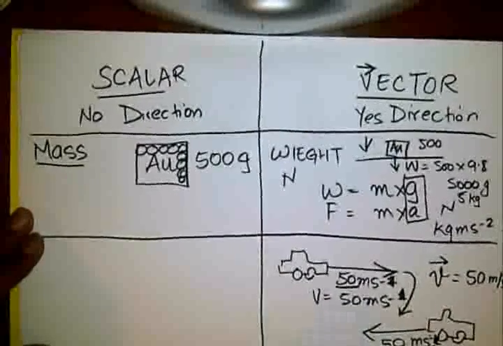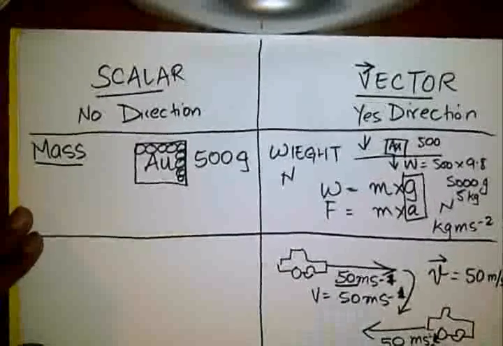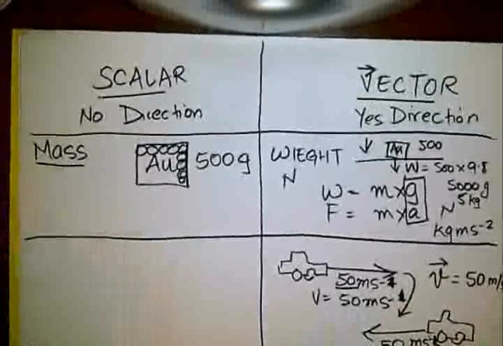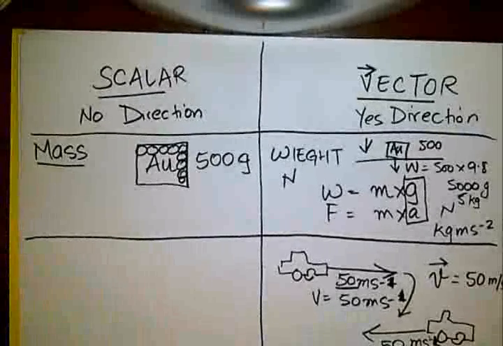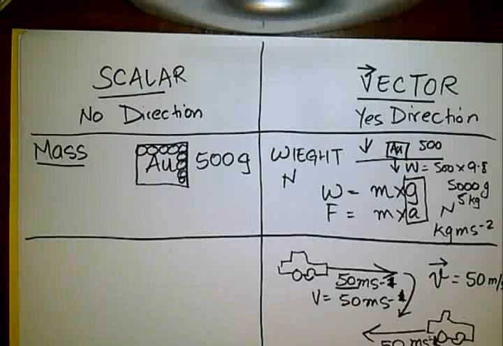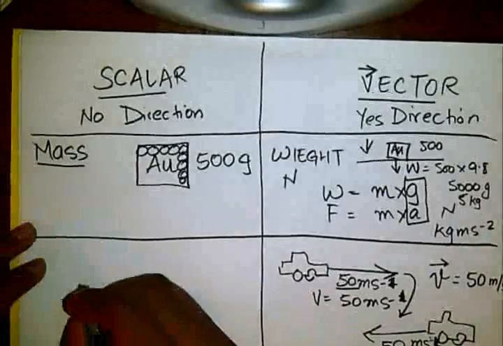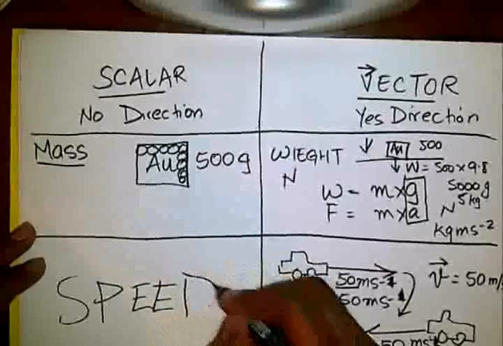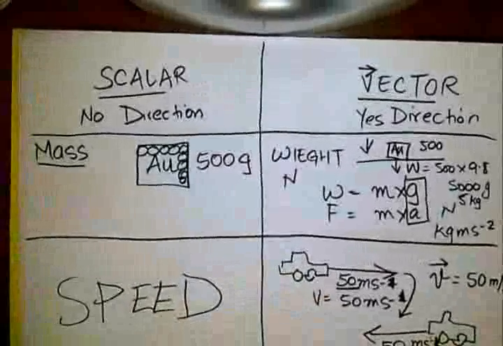Acceleration is also a vector. So acceleration, we said force, we said velocity. See, we put a little arrow on top to differentiate a vector and a scalar. So speed is a scalar. The reason why I didn't draw anything for speed is because we can't draw anything for speed.